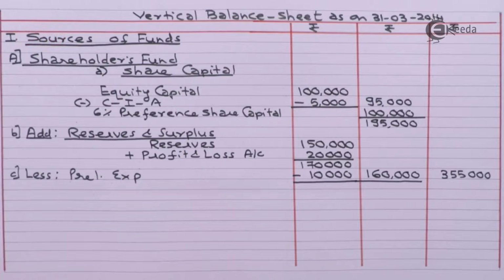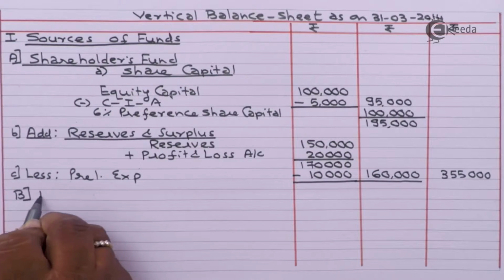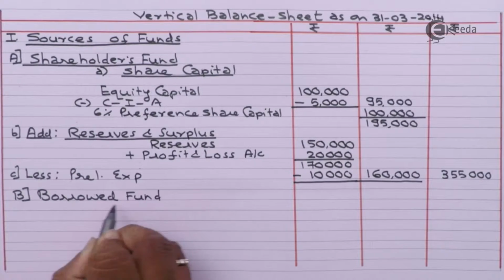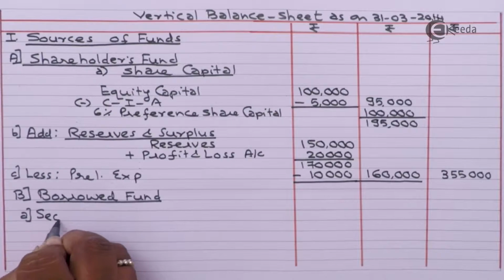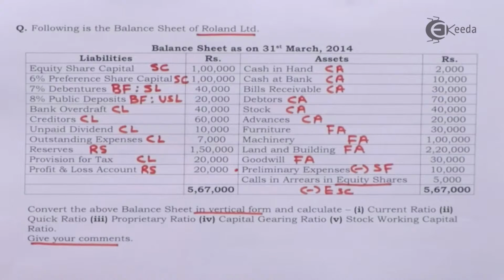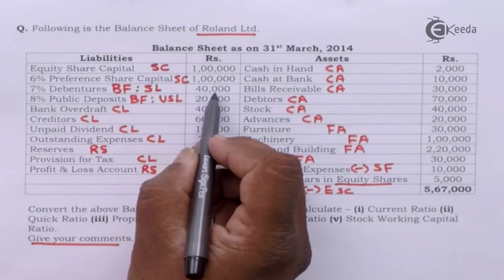To this we are going to add borrowed fund. In borrowed fund we have secured loan 7% debentures 40,000.